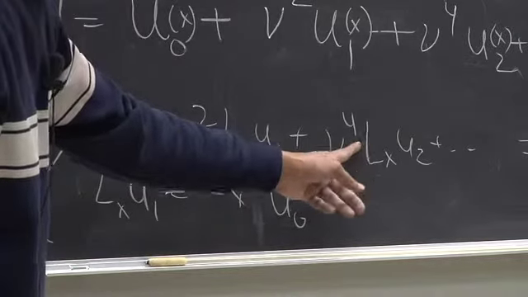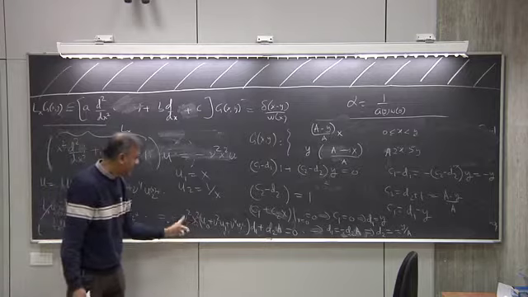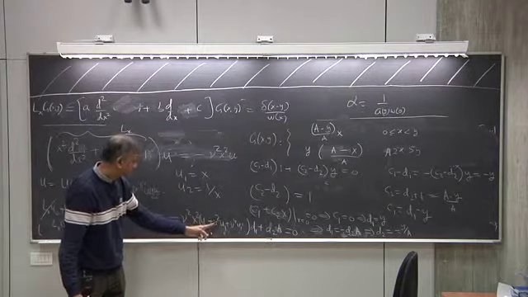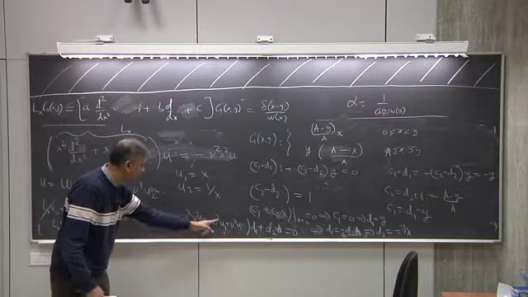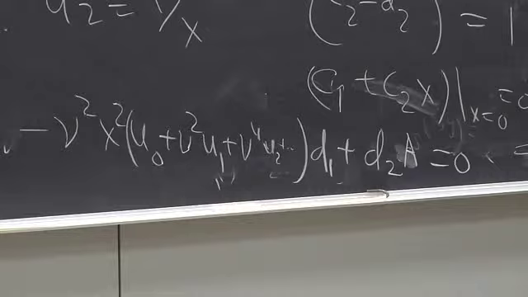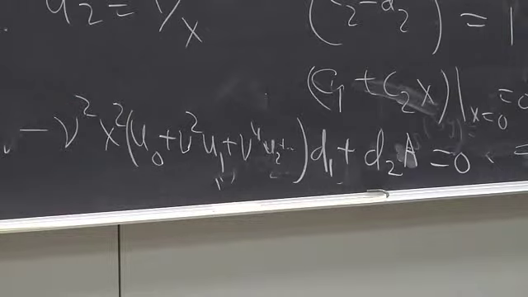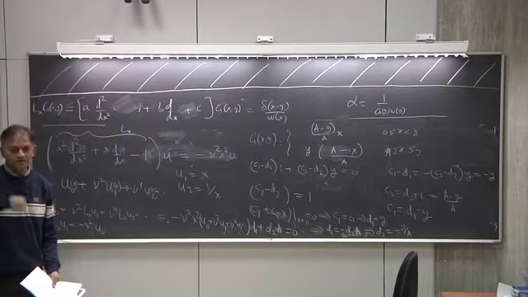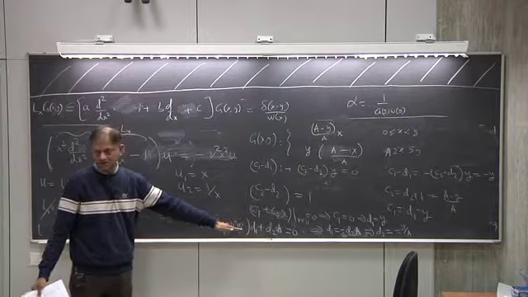Now let's go to nu to the 4 order. At nu to the 4 order, you get Lx u2 is equal to minus x square u1. So now that you know u1 already, you can plug it in. It becomes an inhomogeneous equation for u2. You can determine u2. So to whatever accuracy you want, you can keep going in principle.